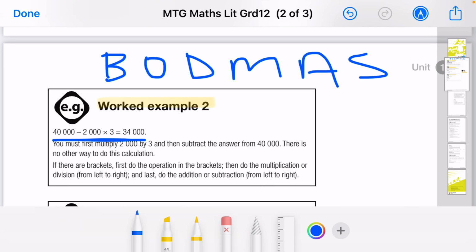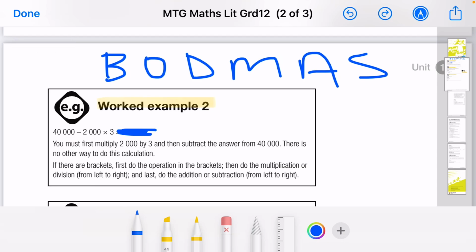Obviously, we are given that. So the question that you should ask yourself is, do we have brackets? Remember, guys, just so that it doesn't confuse you, this is not there. So you're just given this only, and they want you to use BODMAS to calculate.